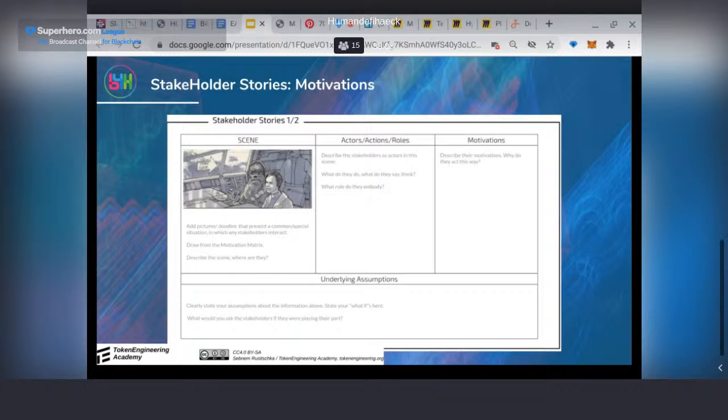Then when you complete the first iteration of your ecosystem design and you notice that you're missing more information, you can go back to those stakeholder stories that you haven't made and start doing them. So you will add more interactions and more possibilities to your ecosystem.